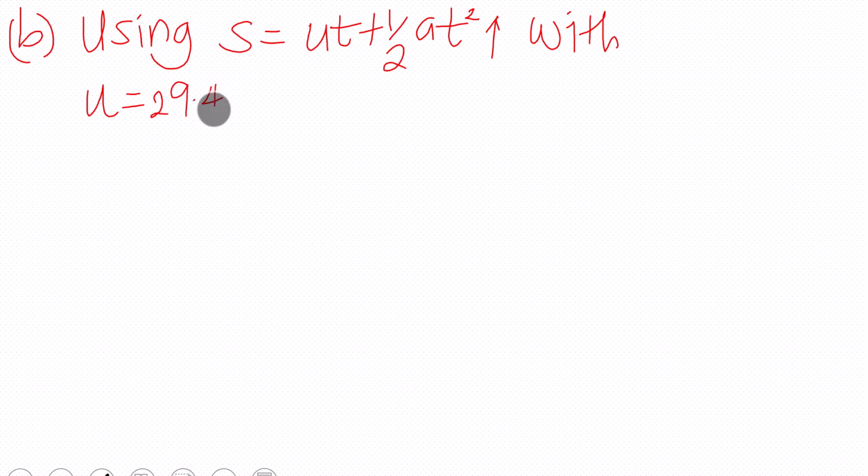For the maximum height, part B, using s is equal to ut plus a half at squared, considering vertical motion with u equal to 29.4, v will be 0 at that point, and then t will be 3.